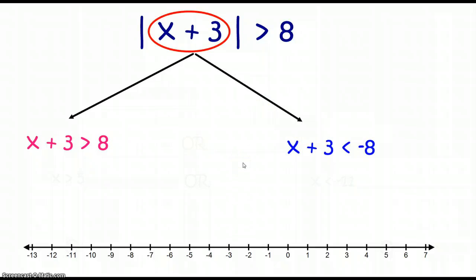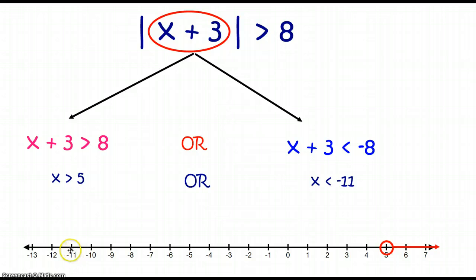So we take the x plus 3 and make it less than -8. And we connect those with an OR. When we solve our inequality, we get x is greater than 5, or x can be less than -11. When we graph it, we use our open circles, and our arrows are pointing out.